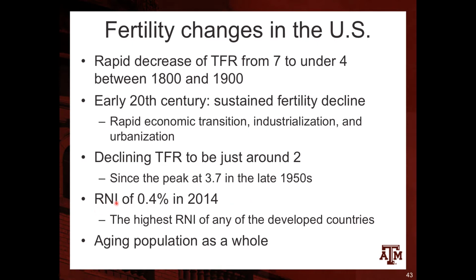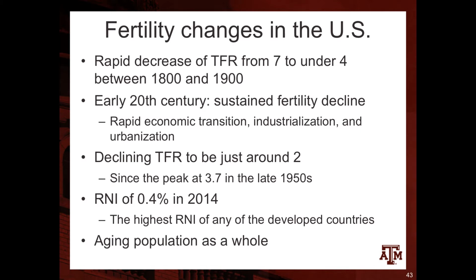So the rate of natural increase, and we saw that the rate of natural increase is calculated as the subtraction of the crude birth rate minus the crude death rate. In 2014 in the US, it equaled 0.4%, so overall we have more births than deaths in the country. And this 0.4% is actually the highest rate of natural increase of any developed country.